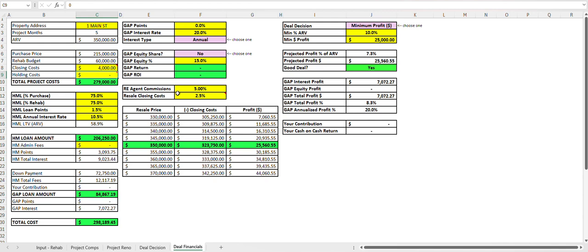And holding costs, we know they are about 1/10% of the purchase price per month. Let's say it's $215 per month, which would be 1/10% of purchase over 5 months. That would be, what is that? 215 times 5, $1,075. Look what happened. The good deal suddenly went to no.